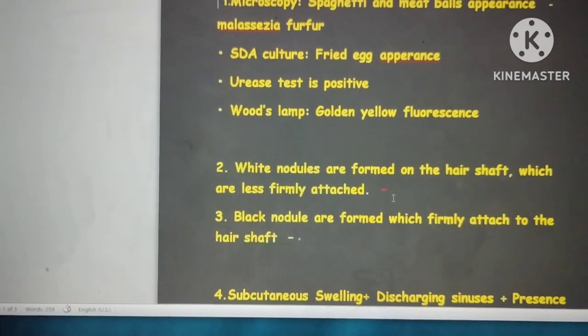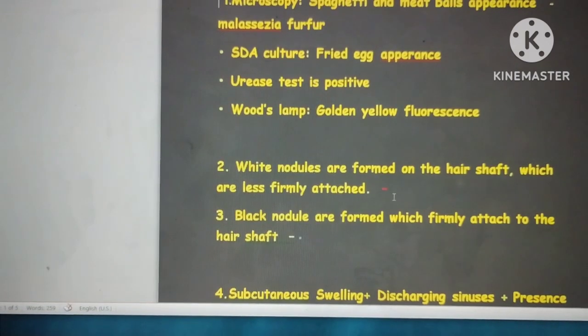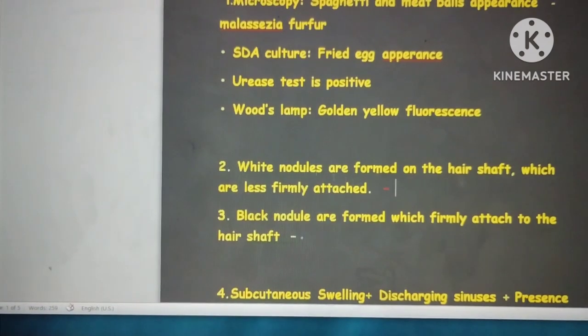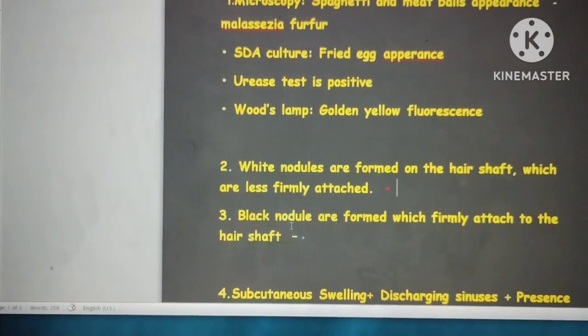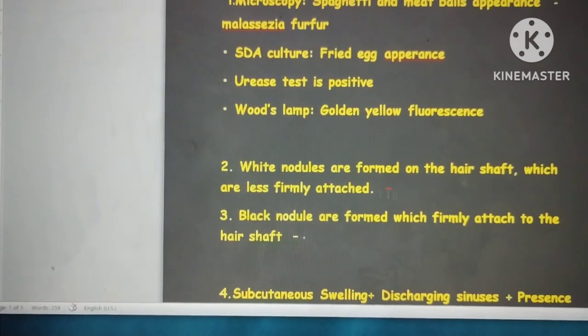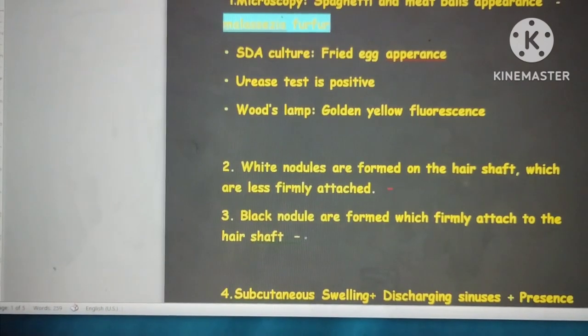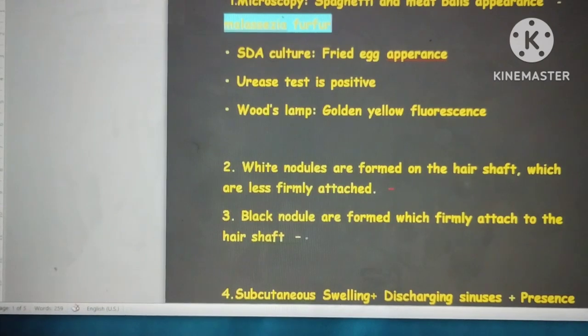Next, white nodules present on the hair shaft which are less firmly attached. Here you want to note the color of the nodules. If it is a white nodule the diagnosis is different, and if it is a black nodule, again the diagnosis is different. They have to mention the color of the nodules, and I'm sure they will be mentioning the colors in the examinations too.